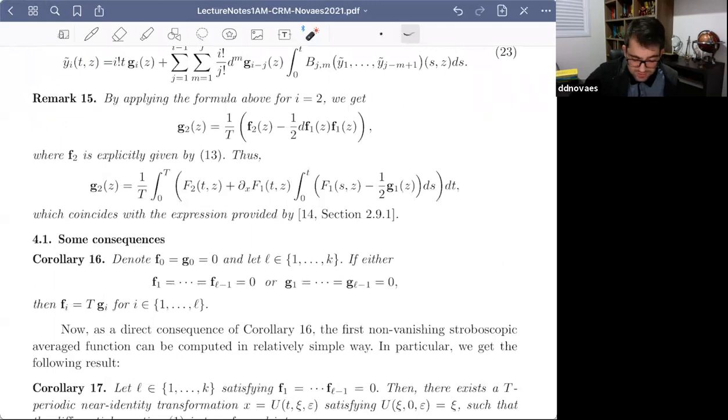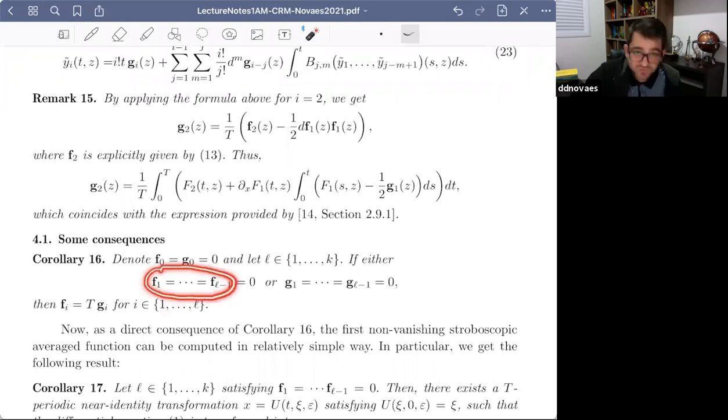So denote F0 equals G0 equals 0, and let L be an integer between 1 and k. If either one of these two conditions hold, that is, if F1 up to F(L-1) is equal to 0, or G1 up to G(L-1) is equal to 0, then Fi is equal to T multiplied by Gi for every i between 1 and L. So actually what's happening here is the following.